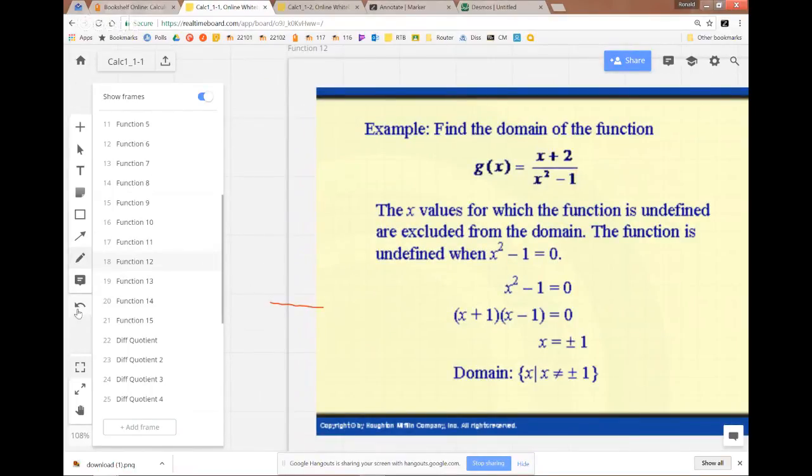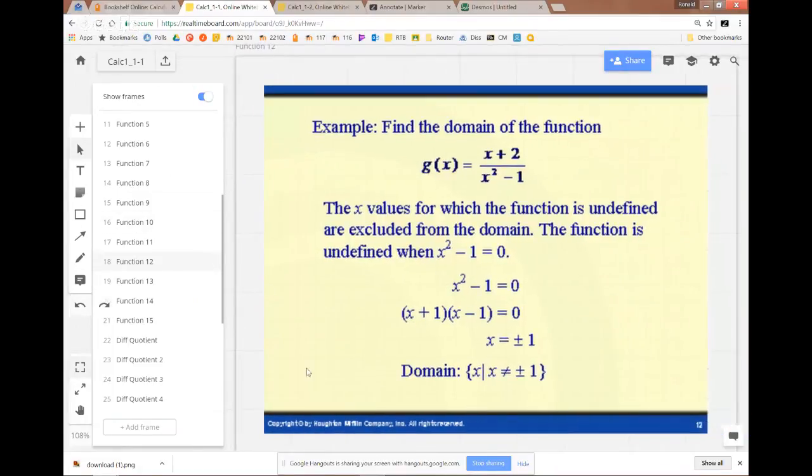So here's one right here. If we want to find the domain of a function, then you've got to ask yourself, is there anything x can't be? Well, we know we can't have a 0 in the denominator.